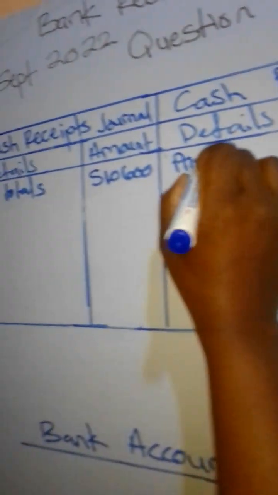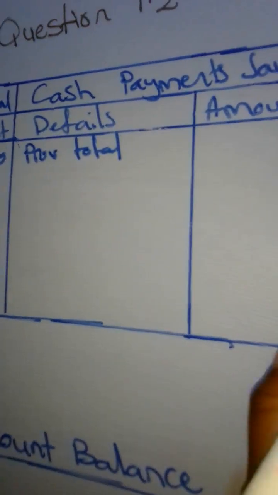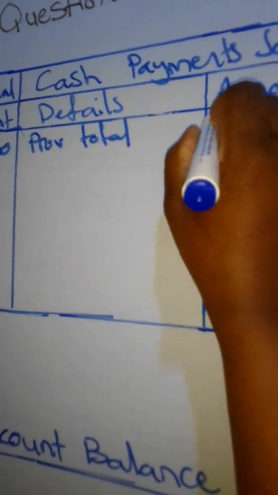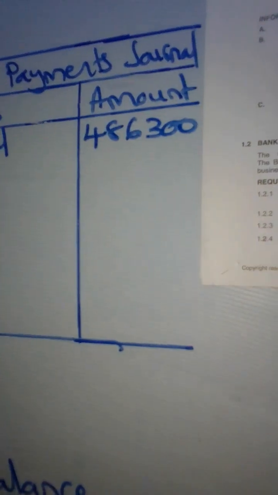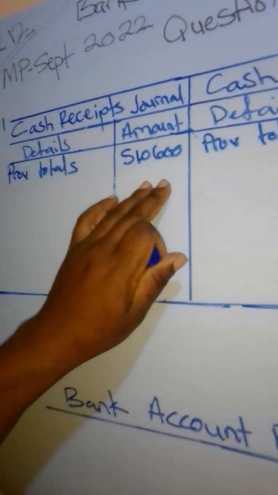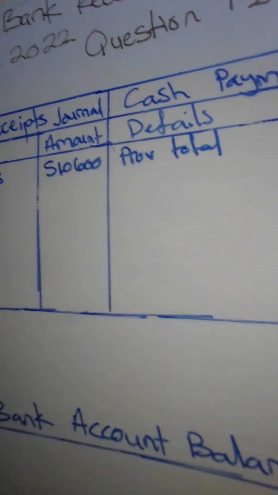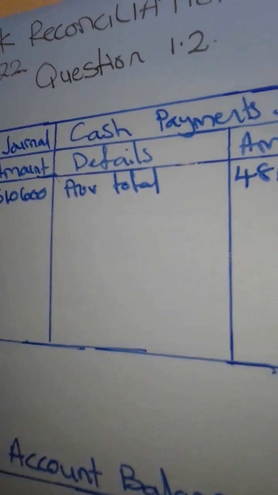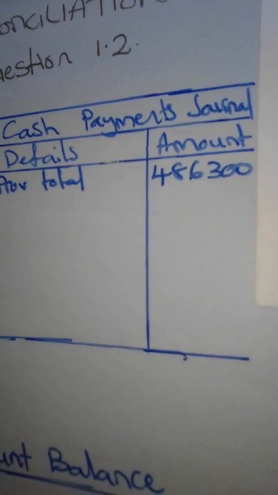The provisional total for the cash payments journal was 486,300. So the cash books that were done before had these totals. Right now we are updating the other information which is appearing on the bank statement, but is not there in our CRJ and our CPJ. Okay, fine. Let's go to the information that is given.